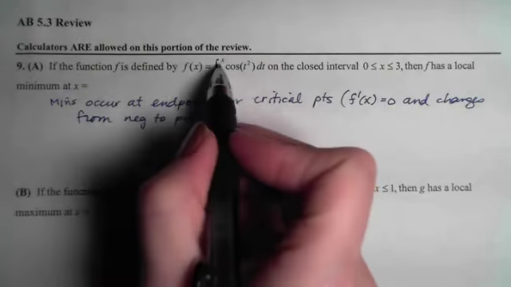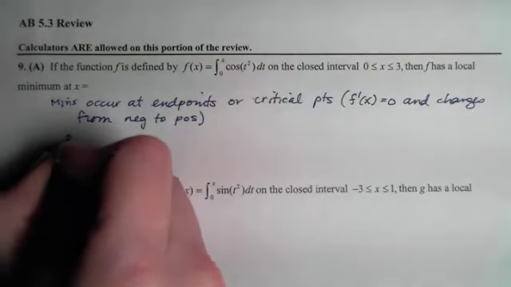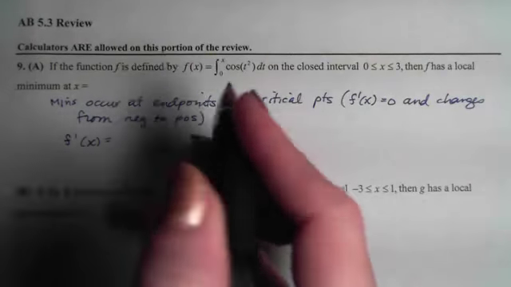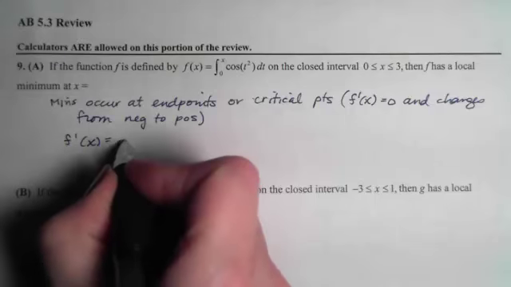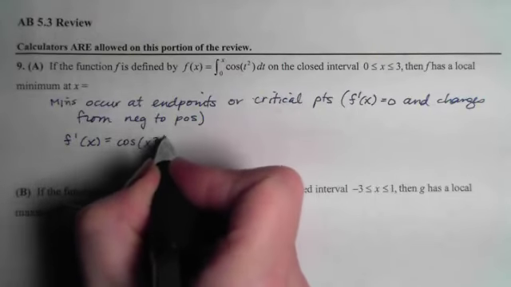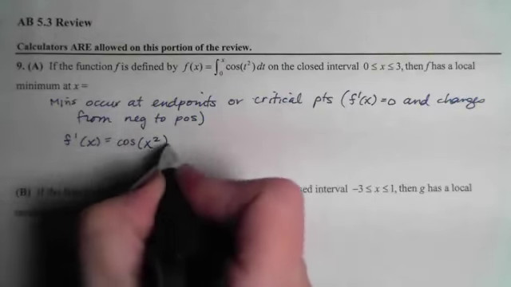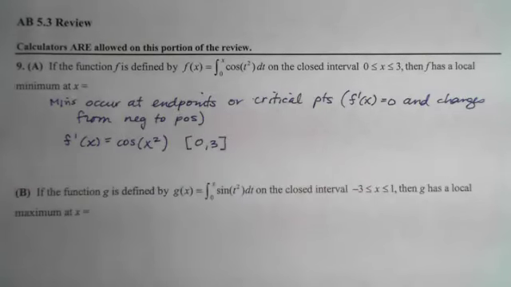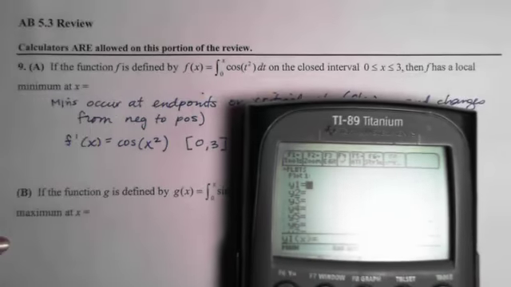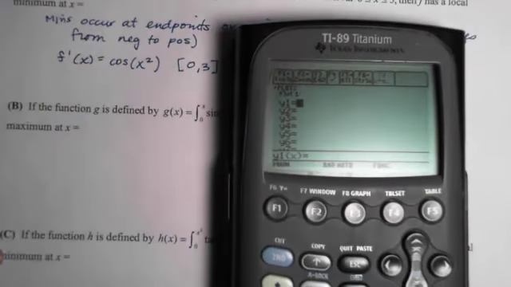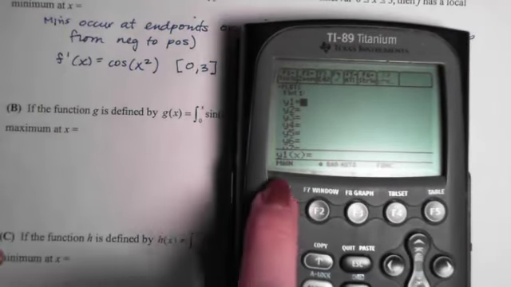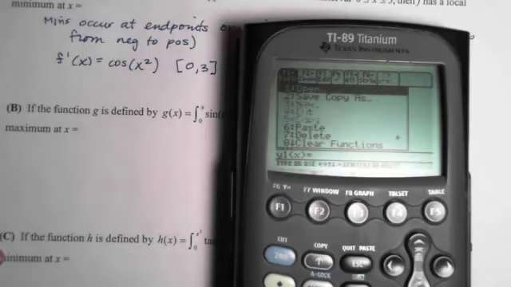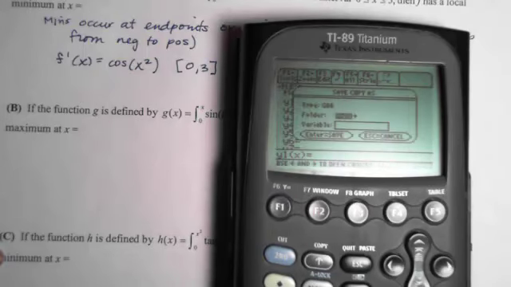So when we look at this, we need to know what f prime is. Well, f prime of x will be the derivative of this function, which is just cosine of x squared. So we're going to be looking at the graph of this on the interval from 0 to 3. We'll go to our calculators, into the y editor, and put in the cosine of x squared.